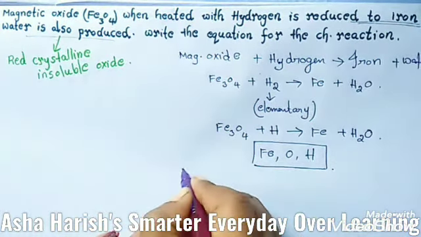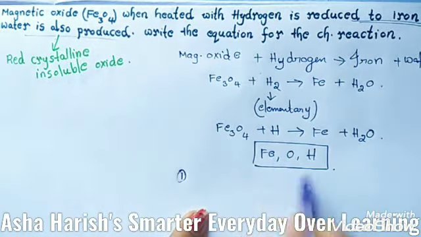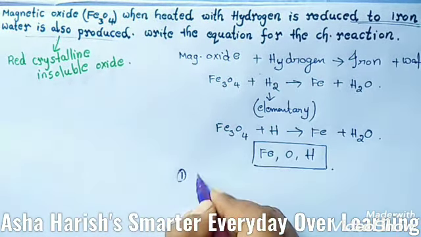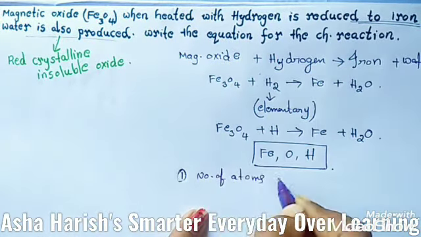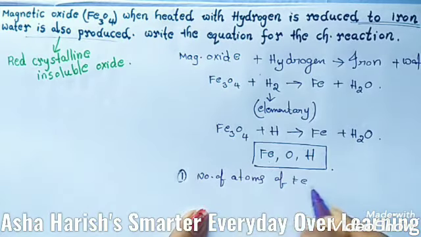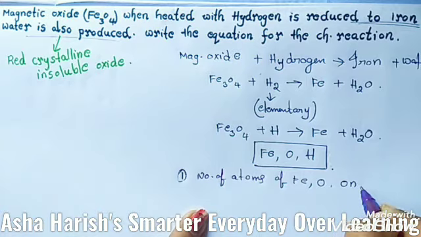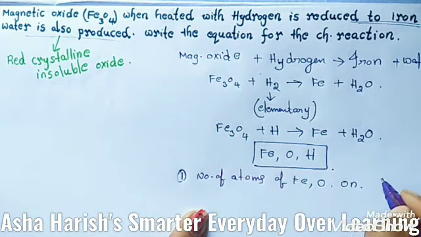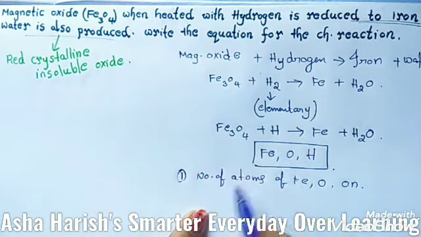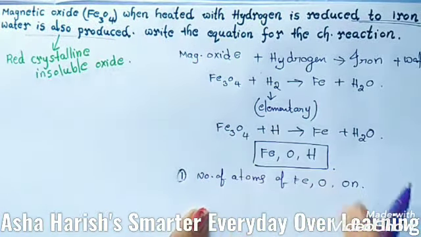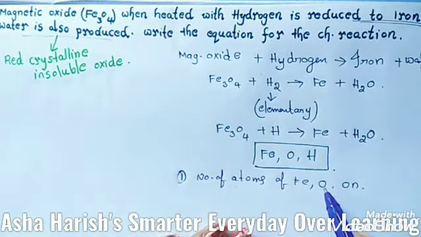In step number 1, we have to equalize the number of atoms of iron and oxygen on both sides.